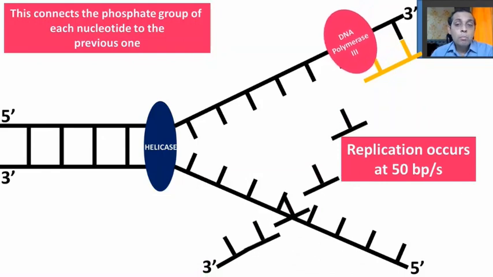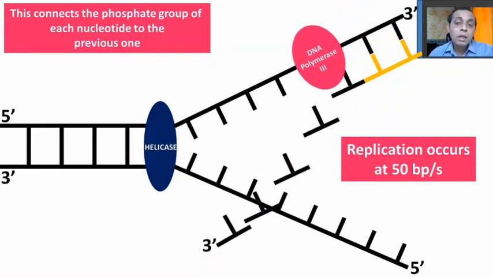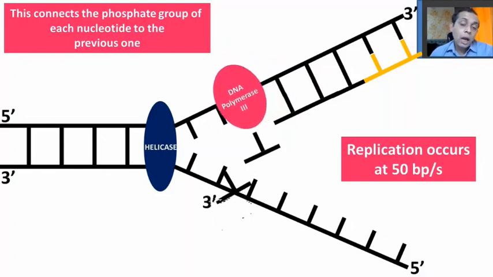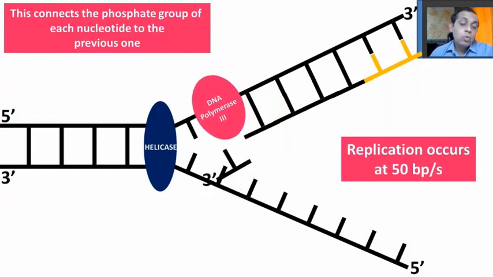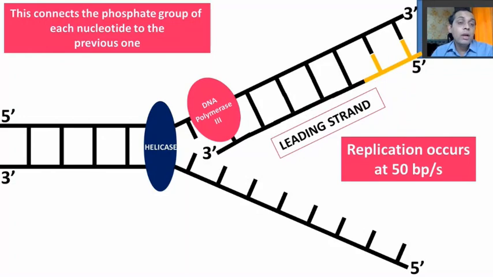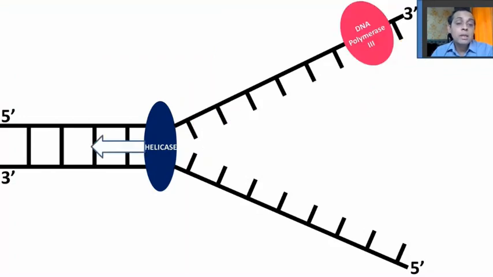They are going to join the nucleotides by making phosphodiester bonds. Specific nucleotides will be joined and the new continuous leading strand is formed, with its 5' end and 3' end. This is the leading strand which is made continuously.